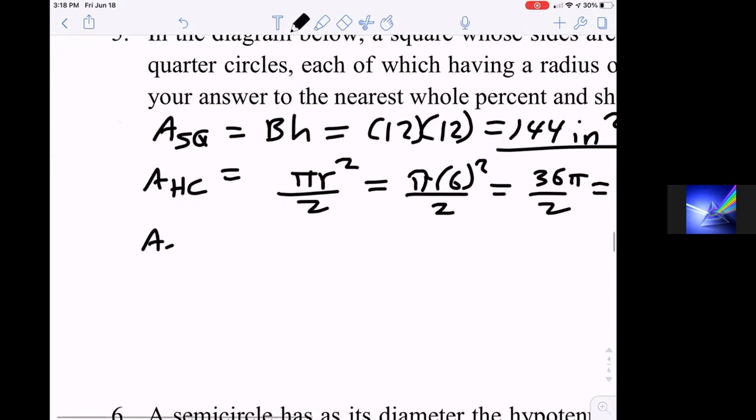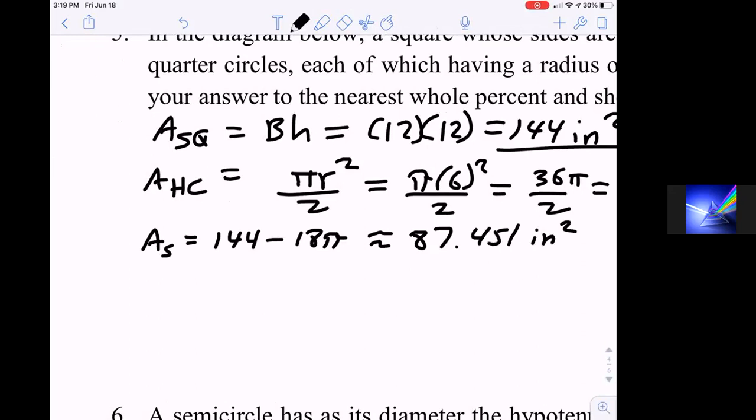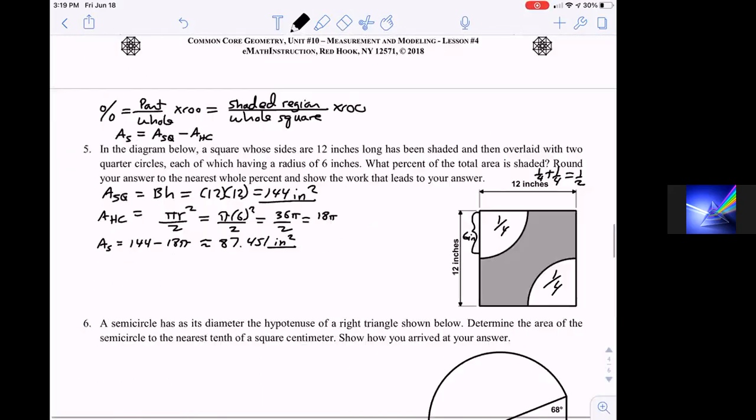Okay, so the shaded area is going to be the 144 minus the 18 times pi, and that's about 87.451 square inches. Okay, so that represents all that shaded part right there.